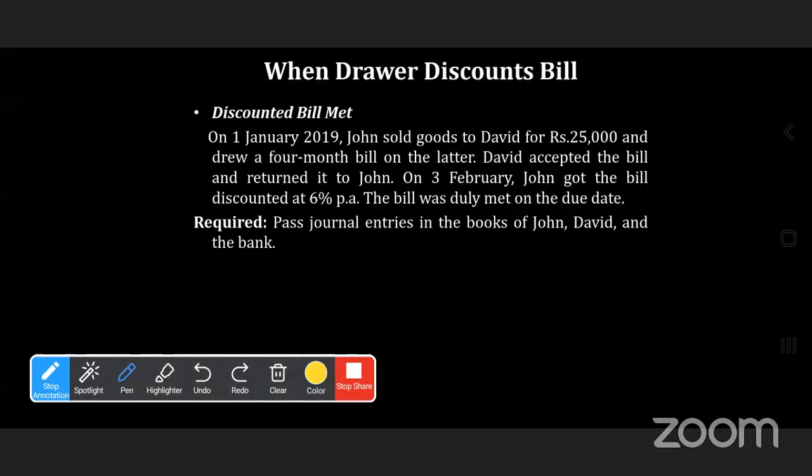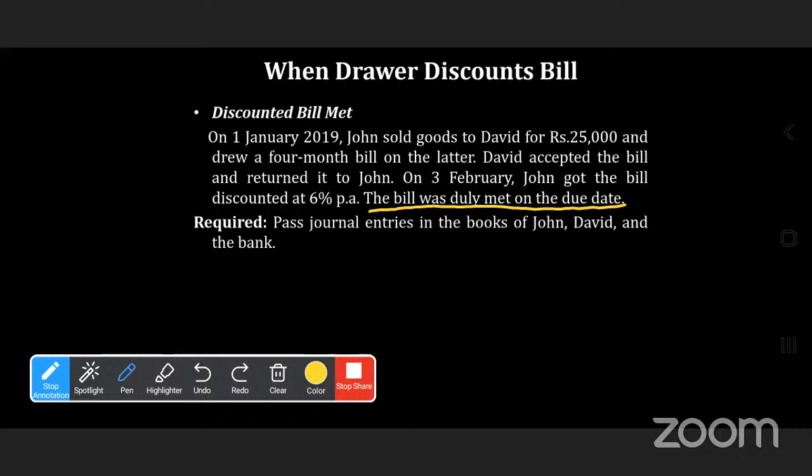See the last point: the bill was duly met on the due date. It was met on the due date, but he got the discount in February itself. He discounted his bill in February. Okay.